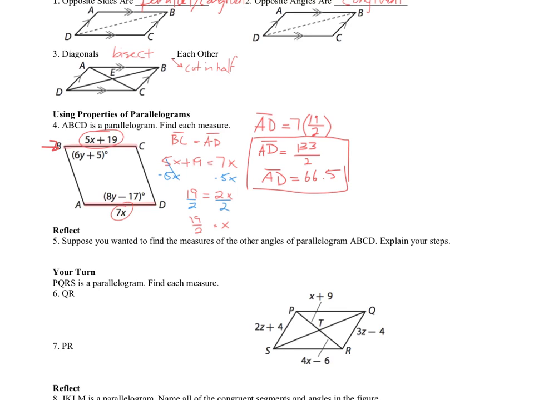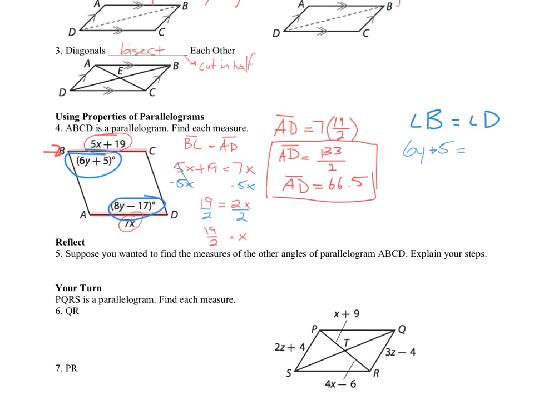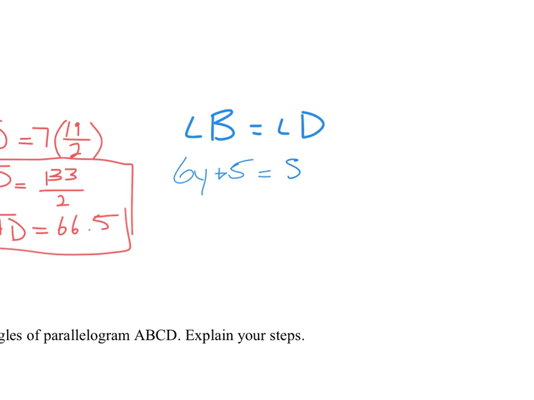Now we also have opposite angles here, angle B and angle D, and those have to be congruent. So angle B has to be equal to angle D. So 6y plus 5 has to equal 8y minus 17.